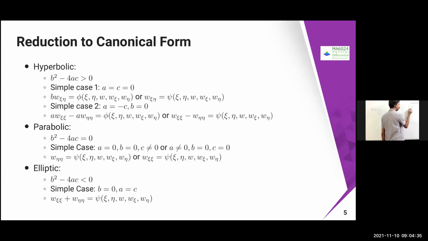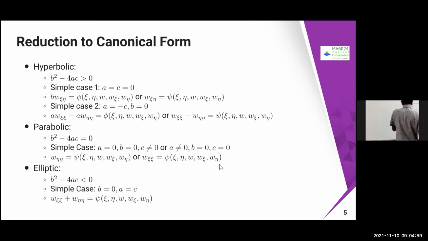So I am just going to take this equation, a w_chichi plus b w_chieta plus c w_etaeta equal to some psi. There are simple cases we are going to take.